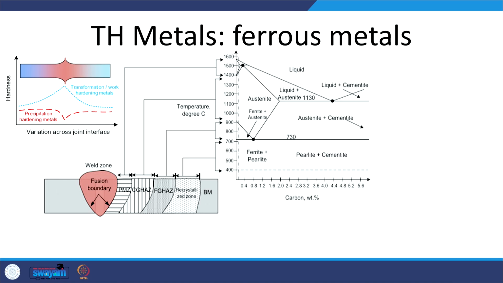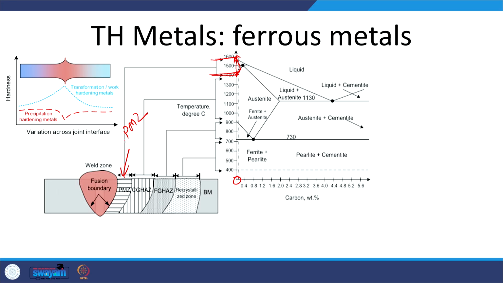This is what we can understand from this iron carbon diagram as well as the weld thermal cycle and the temperature being attained. If we see, say, a particular carbon content in steel, this is the two phase zone. All the metal next to the fusion boundary which is heated in this mushy zone temperature range will be in the partial melting state.